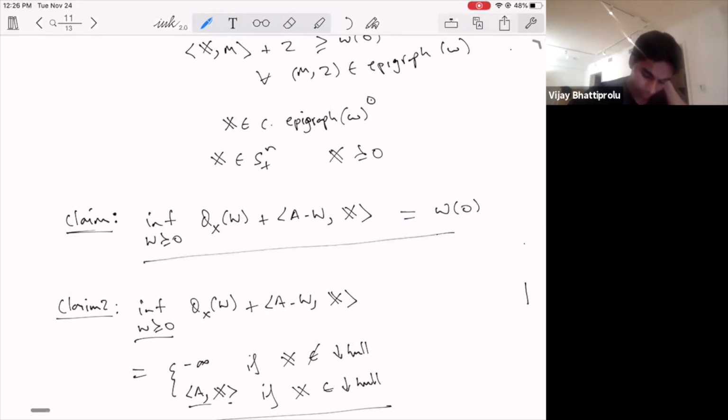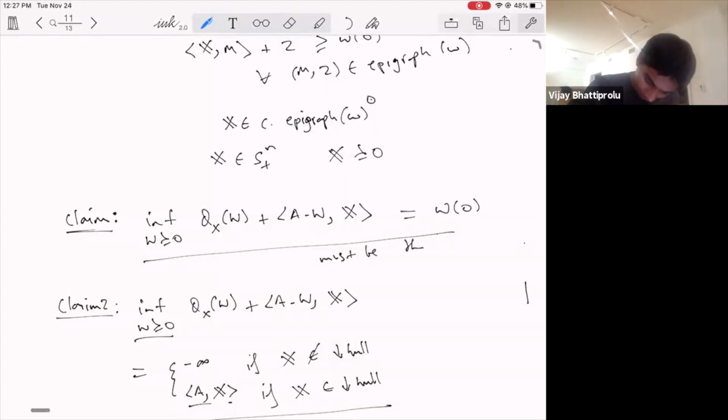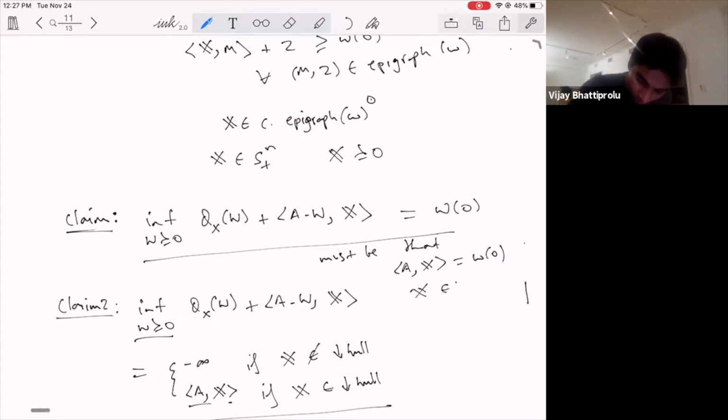And by claim 2, since omega of 0 is not negative infinity, it must be that A inner product bold X is equal to omega of 0, and moreover that X belongs to the downward closure of the hull.